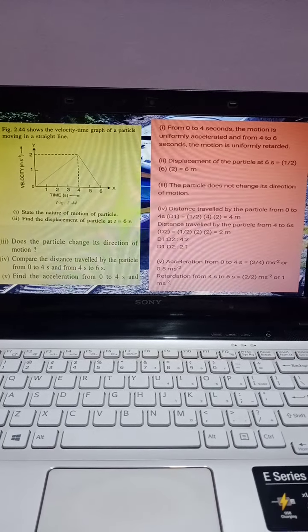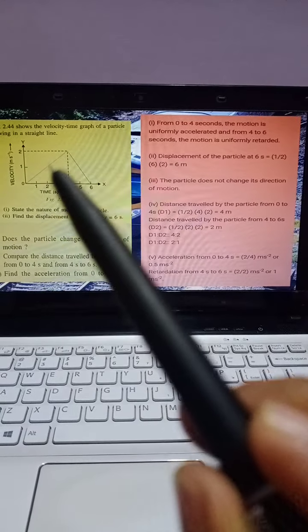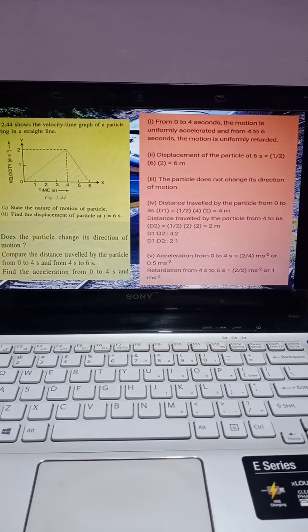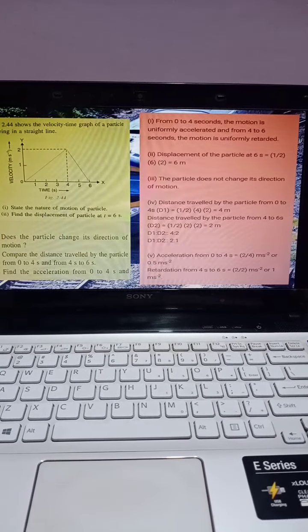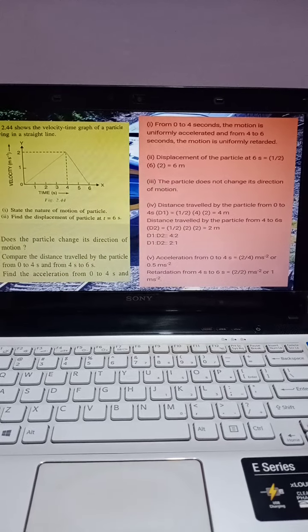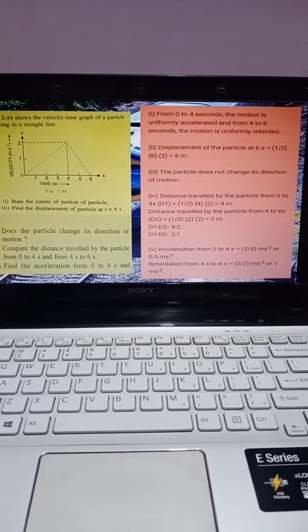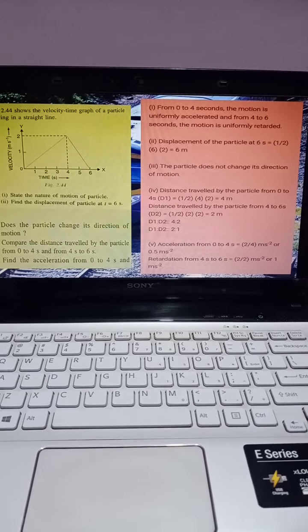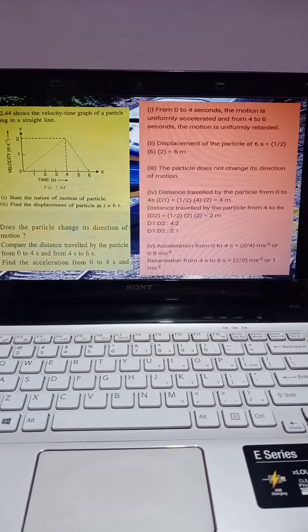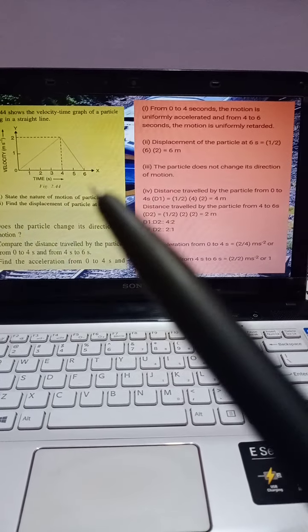From 0 to 4 seconds, as you can observe, it is a uniform acceleration. Then from 4 to 6 seconds we can observe that it is a uniform retardation. Now we have to find out the displacement of the particle at the 6th second.